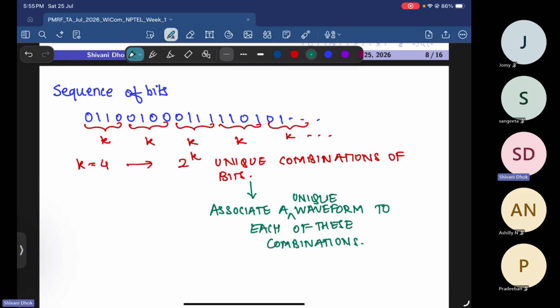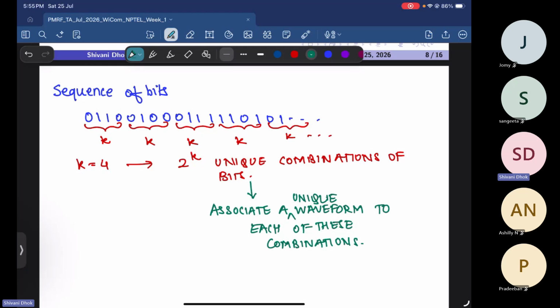For example, you might have heard about BPSK, QPSK, and all those things. So you have a sequence of bits, you combine those bits, and then you get 2 to the power k unique combinations, and to each of these unique combinations you assign a unique waveform, and that waveform you use to transmit your information.